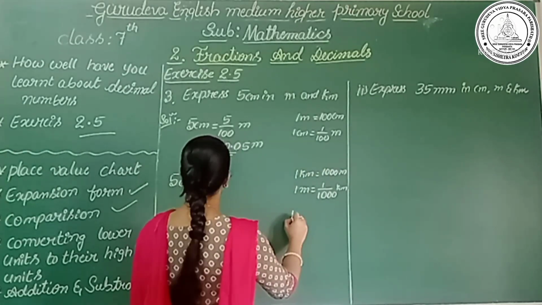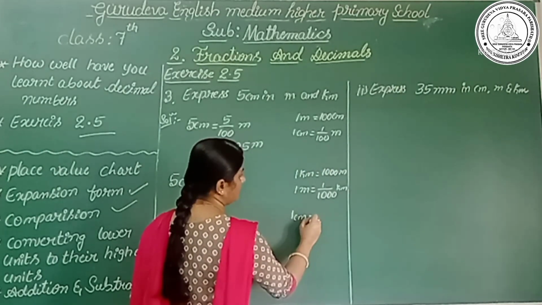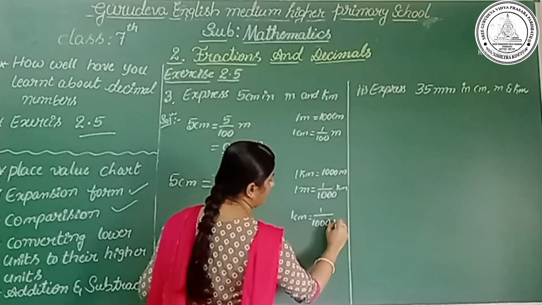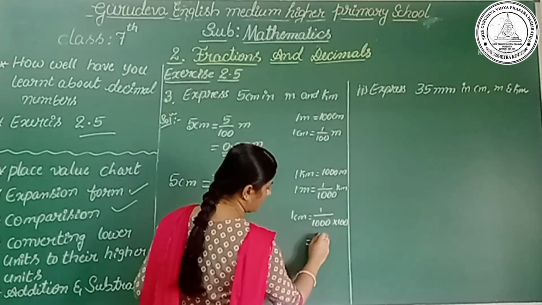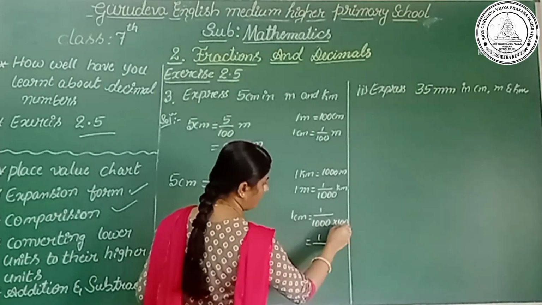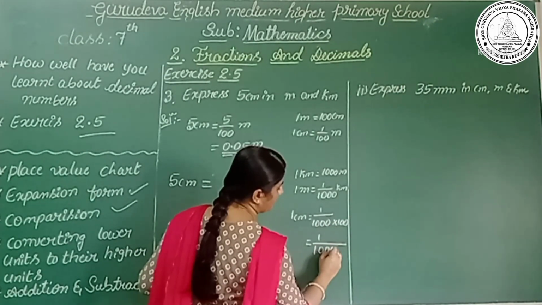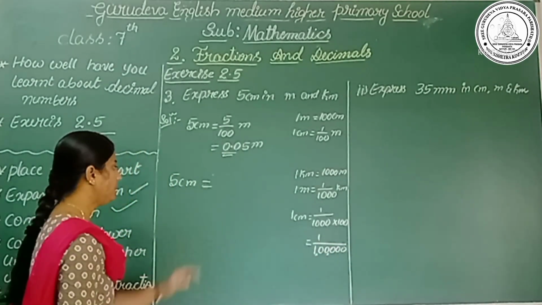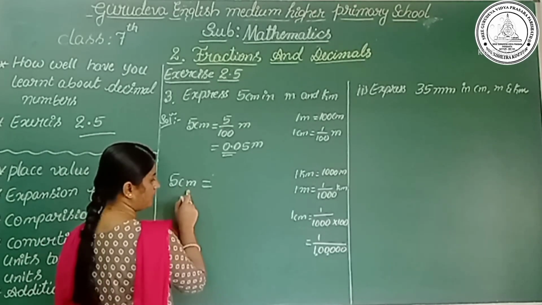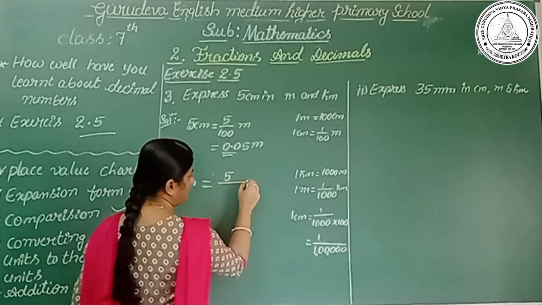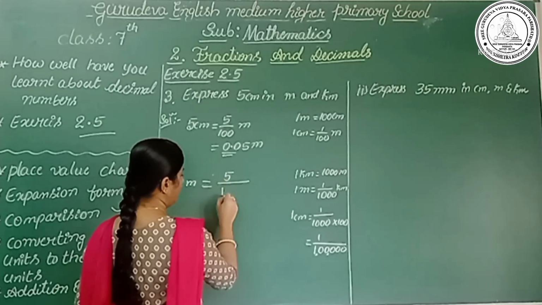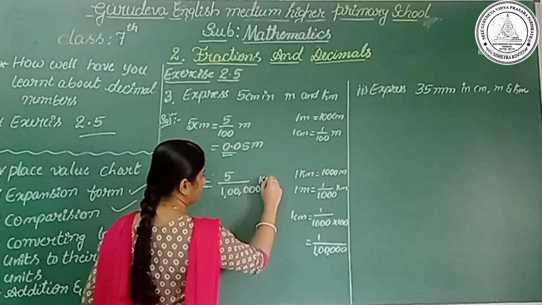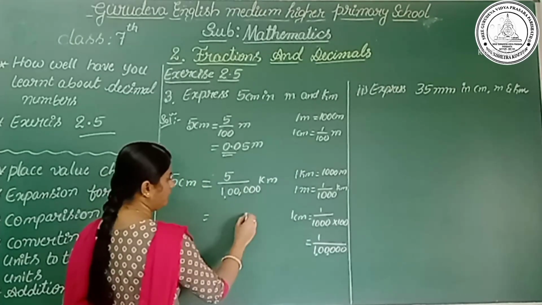So then 1 centimeter is equal to 1 by 1000 into 100, which is equal to how much? 1 divided by 1, 2, 3, 4, 5 zeros. That is 1 lakh. Then write down here 5 centimeter is equal to 5 divided by 1 lakh kilometer, which is equal to, write down 5 here.